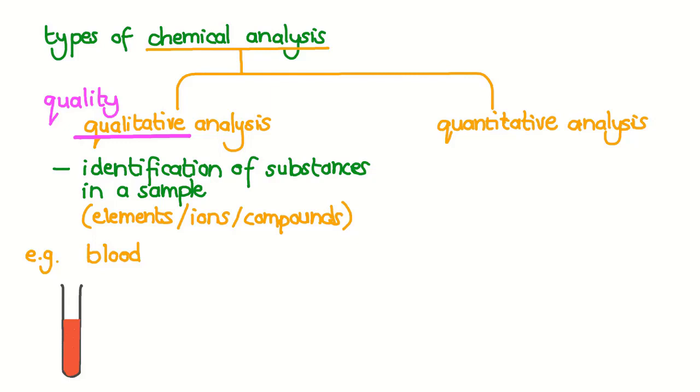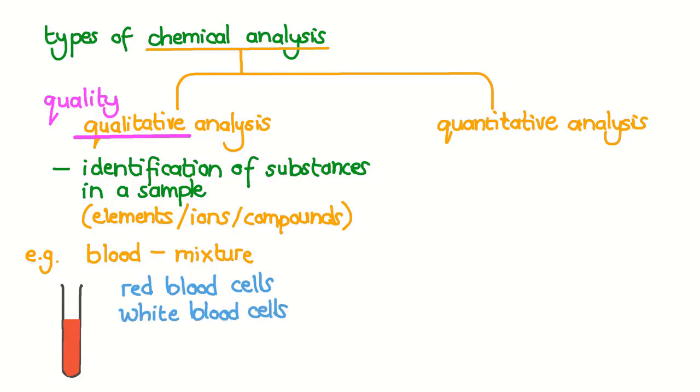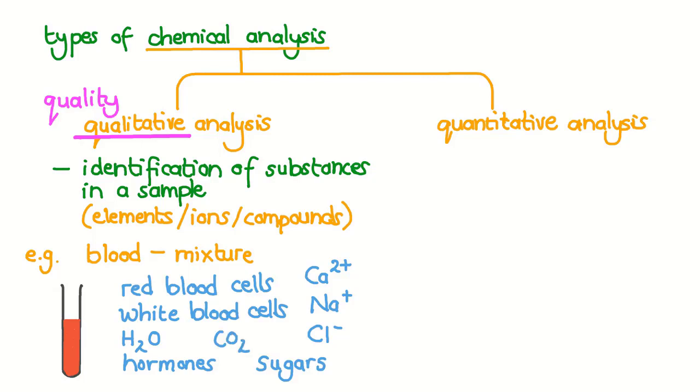The qualitative analysis of a blood sample would reveal that blood is a mixture containing red blood cells, white blood cells, water, hormone compounds, ions like Ca2+, the calcium ion, sodium ions, Na+, chloride ions, Cl-, various sugar compounds, gases like carbon dioxide, as well as many other compounds such as urea, cholesterol, etc. These are all analytes that can be identified through the qualitative analysis of a blood sample.